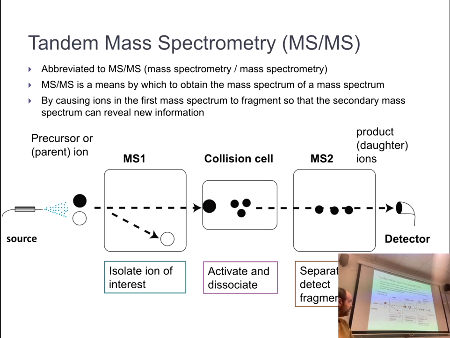So, isolation of an ion. Now, you might ask me, well, why don't we just fragment everything together? And you'd be right. Nowadays, there are some ways where we can do that. The problem is that it's then very difficult to delineate which fragments belong to which precursor.